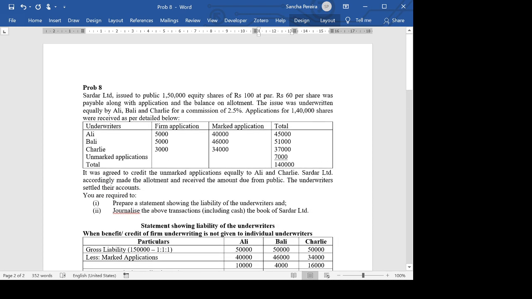What we are going to transfer is basically the amount on the total issue. We expect that the entire issue will be subscribed to. Even if the public do not subscribe, we have hired underwriters. So we expect the application money to be received on all 1,50,000 shares.